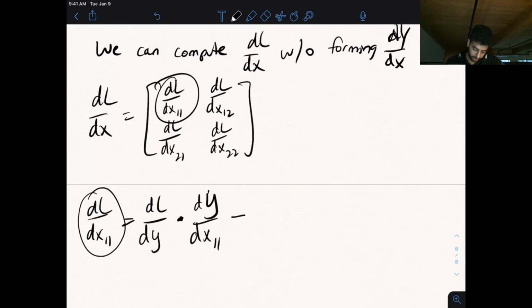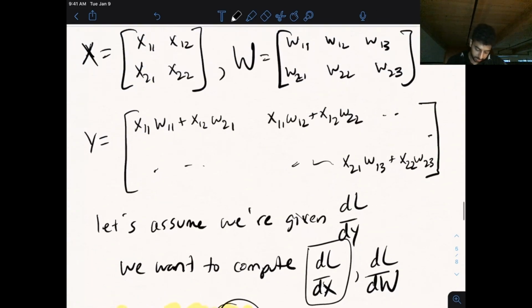So if we go over here, let's expand out what this term looks like. I said we can represent it as a 2 by 3 matrix. If you look at the elements of y, which we wrote up here, you'll see that if we're differentiating with respect to x11, this is an x11, and this is an x11, and it also occurs here. So the occurrences of x sub 11 are all in the top row of this y matrix.